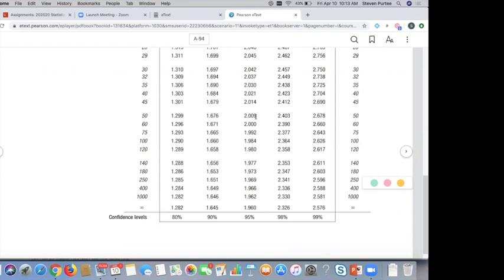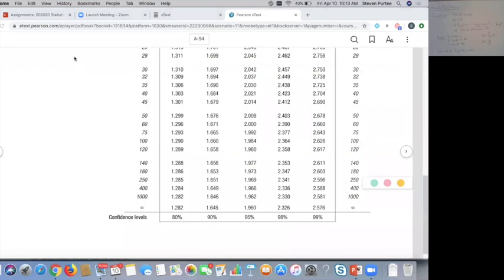Okay. We're not going to do any of that. I'm going to show you how to do all this on the calculator. But if you were doing this by hand, you would go to that table there, look up T with degrees of freedom, where your degrees of freedom is N-1.